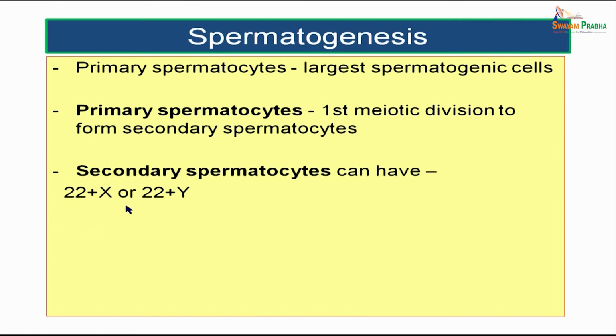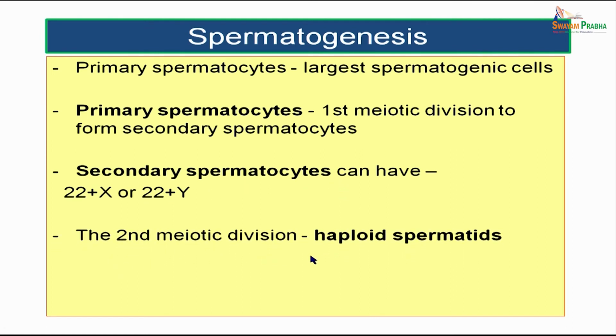If 22 plus X is fusing with 22 plus X of the mature ovum, we get a female, and if 22 plus Y of the sperm fuses with the mature ovum, again 22 plus X, we get a male, because 22 plus X is a common factor from the mature ovum, but from a sperm we can have either 22 plus X or 22 plus Y.